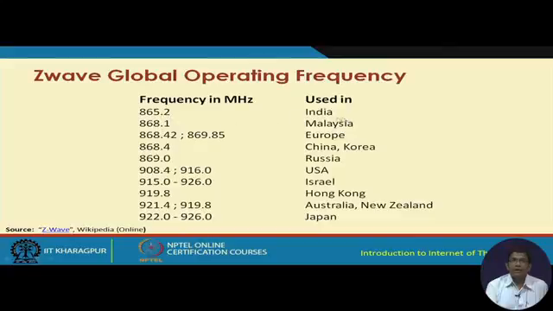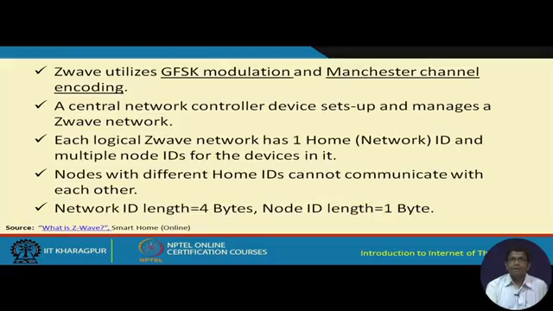As we can see, for India it is 865.2 megahertz. A very interesting and important concept is that Z-Wave does not use FSK modulation directly. It passes through a Gaussian filter, so essentially it becomes Gaussian FSK modulation, and the channel encoding scheme used is Manchester encoding.